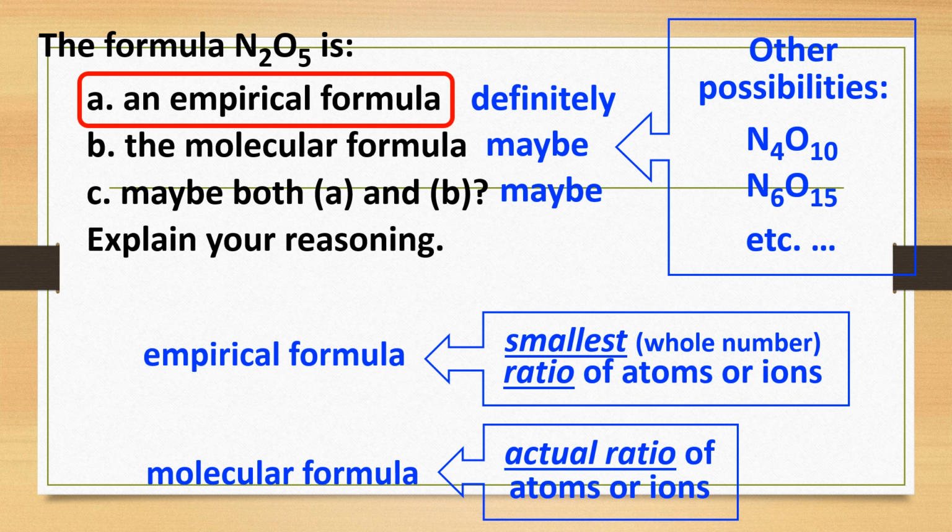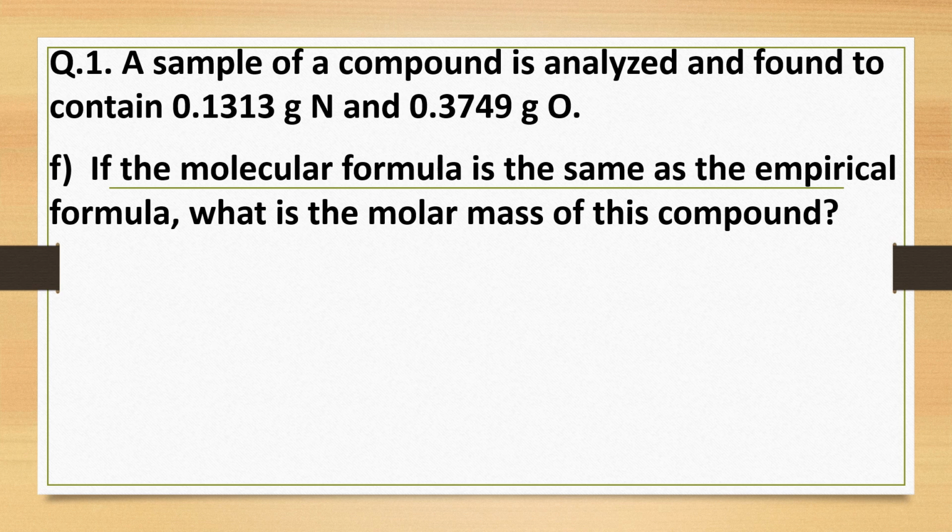If we want to know the actual molecule composition, we have to use the entire molecular weight. To determine if our molecular formula is actually our empirical formula, we have to know the actual weight of the entire molecule. That means it's the full weight in grams of our structure. In this case, let's just say our molecular formula is the same as the empirical formula. Then how do we find the molar mass of this compound?